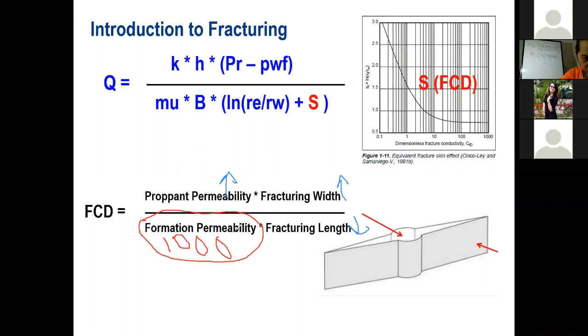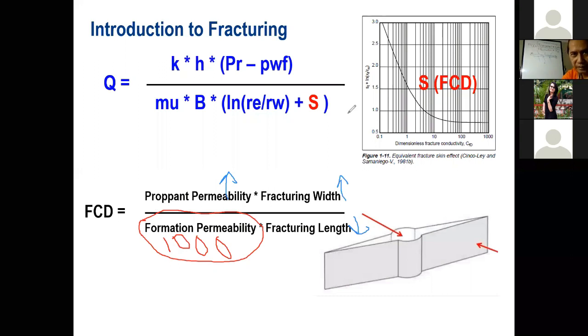When you deal with a very high permeability, let's say 1000, the whole thing here is divided by 1000. So you have to have width up, proppant permeability up, a bigger proppant so that the permeability is higher, and then the short length. Length is small, all right? By doing this, you can optimize your FCD.